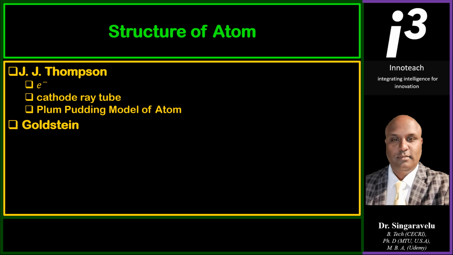So now he applied a similar high voltage, in the order of 1000 volts to 5 kilovolts, and then the rays that were called canal rays had a positively charged nature, which is in total contrast or opposite to the behavior or the properties of the negatively charged cathode rays observed by J.J. Thomson.